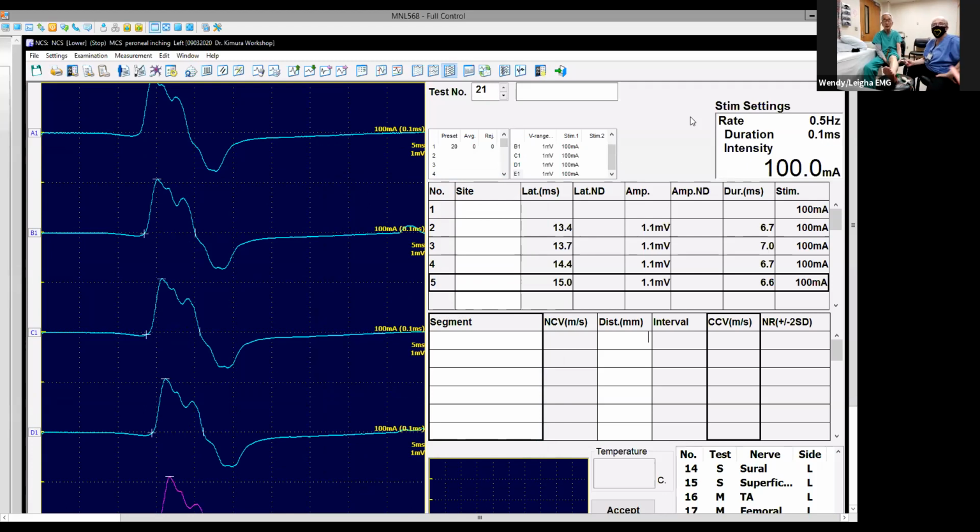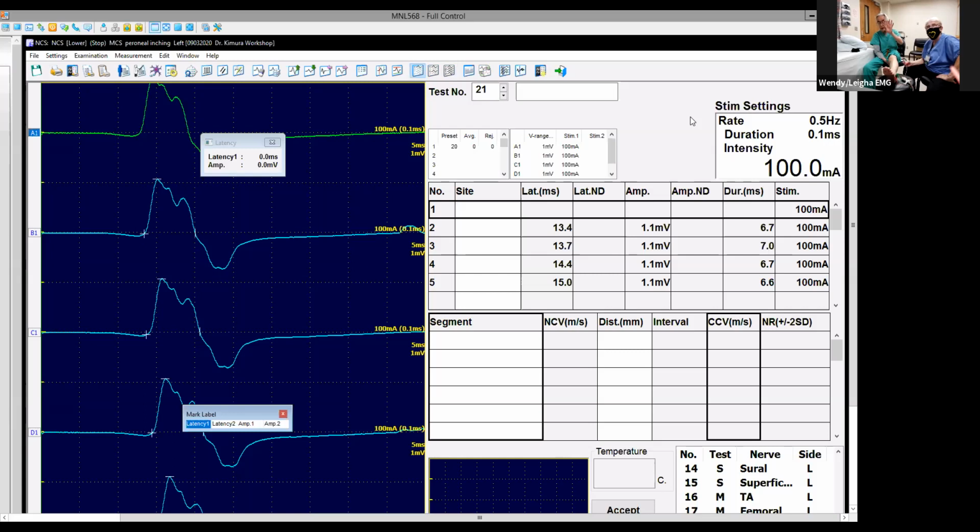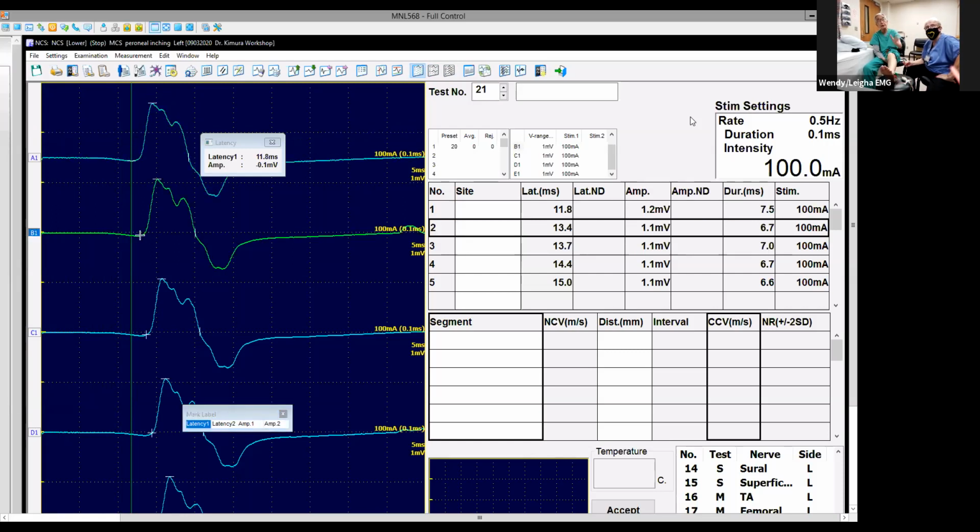See how easy it is to do inching. Inching is not a very elaborate kind of thing. It's very quick, 5 minutes, if you know what you're doing. But do measure. In the interest of time, we are not measuring it, but we measure it either 1 centimeter apart or 2 centimeters apart.